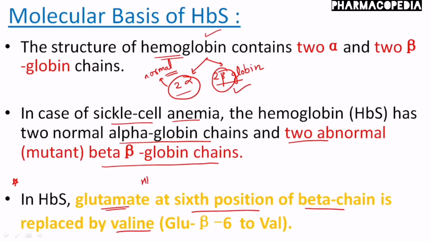Okay, so in hemoglobin A we have glutamate at the sixth position of the beta chain, and it is replaced by valine in hemoglobin S.